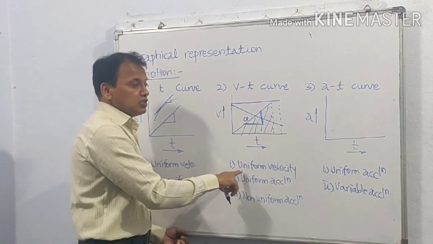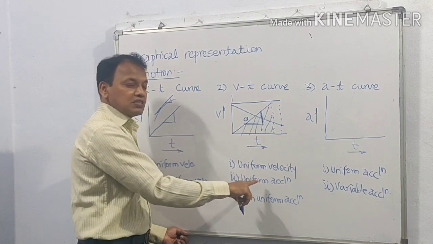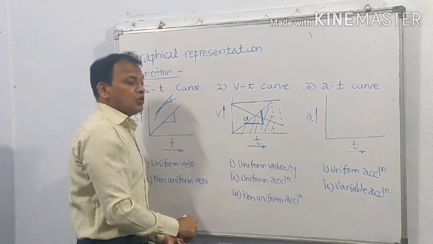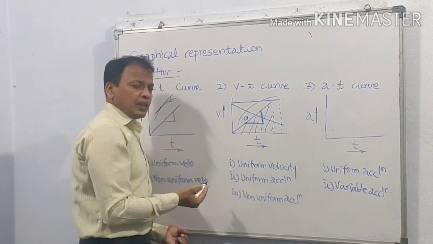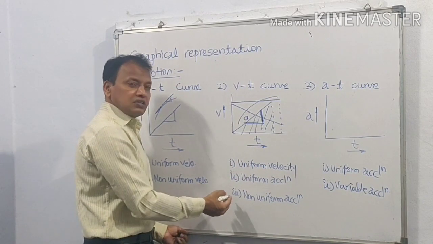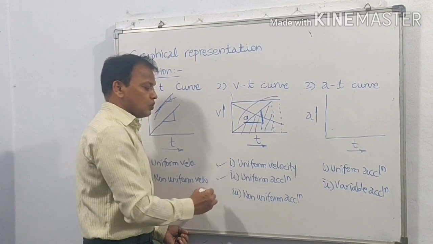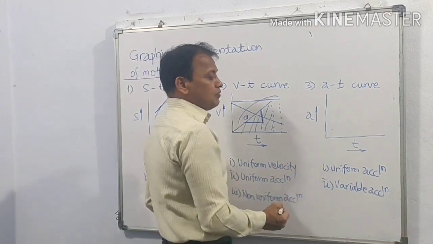When velocity is uniform, this is a straight line parallel to the x-axis. Uniform acceleration has either increasing or decreasing gradient, and then there is non-uniform acceleration. When acceleration is non-uniform, the nature of the graph will be in this manner. As we are not studying non-uniform acceleration right now, these two are the only cases with which we are concerned.